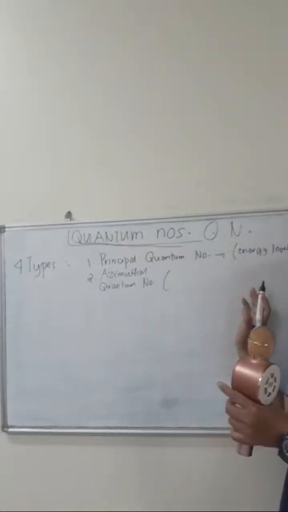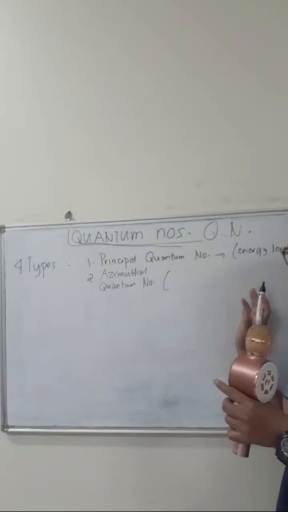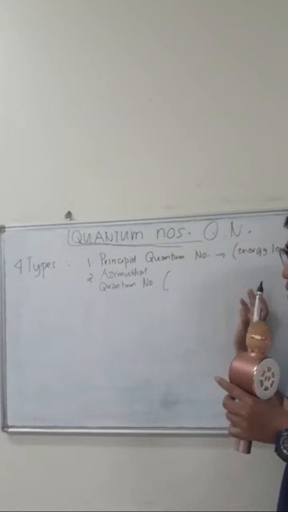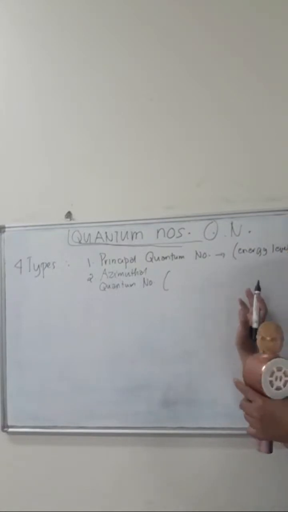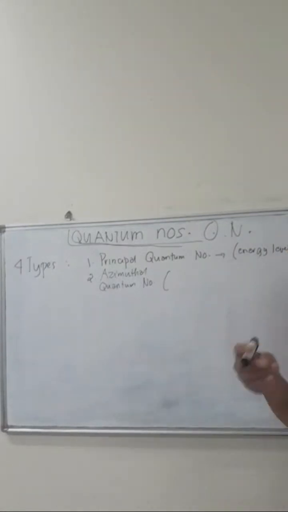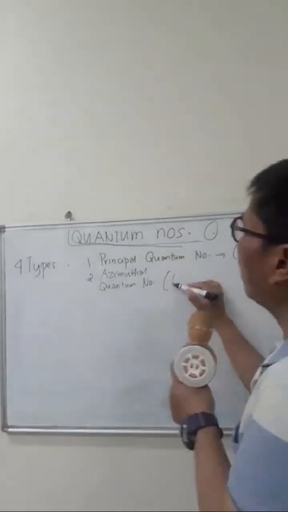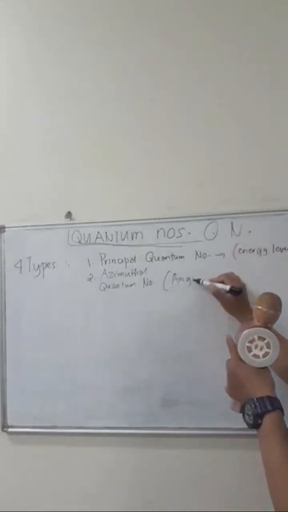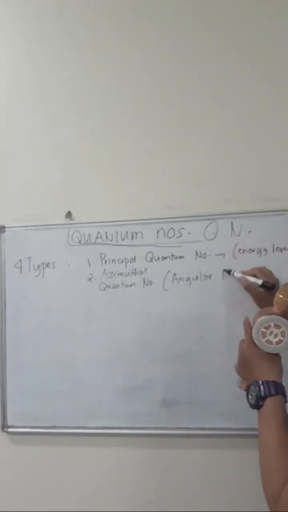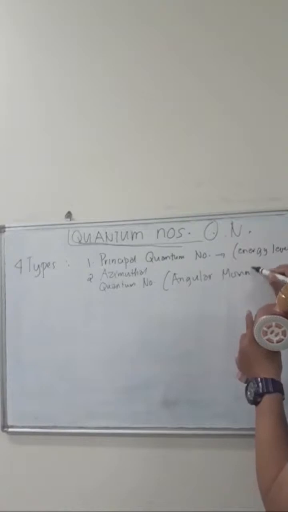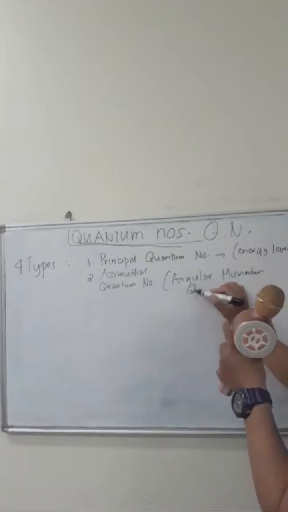Because sometimes it will perplex you, it will baffle you, because you keep thinking of another word, and it looks like not very easy to remember. You got the point. So it's going to be orbital angular momentum quantum number, or it could also be angular momentum quantum number. Any questions so far? Angular momentum quantum number. Okay.